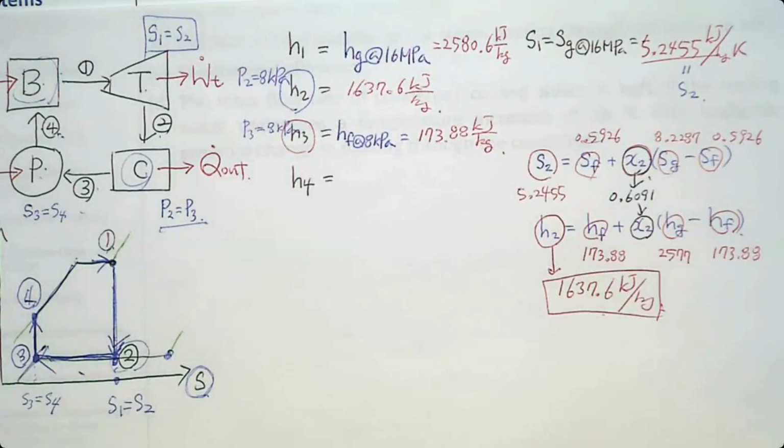We cannot assume that this one is similar to the properties of saturated liquid because the pressure is too high, 16 megapascal. So what can we do? We can use the compressed liquid table. However, it takes a lot of time. So let me give you one equation.